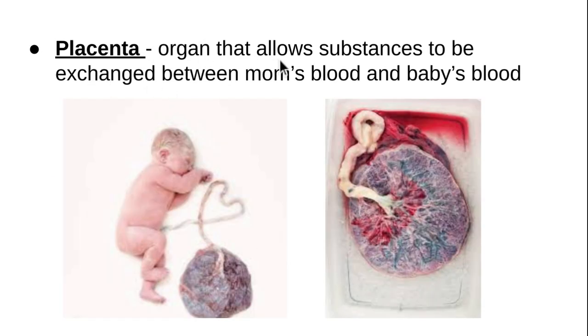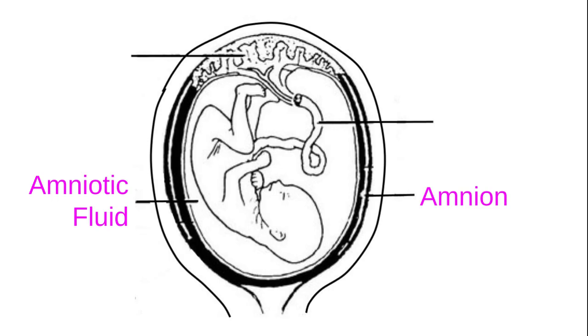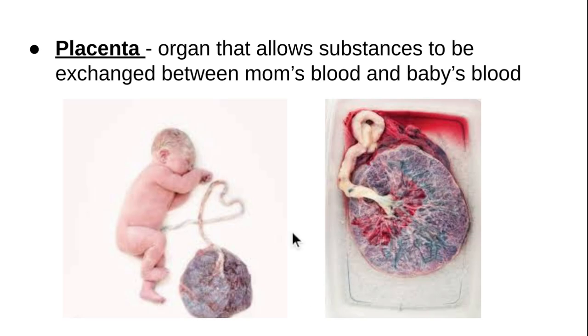The placenta. All right. So inside of this amnion, part of this sac is this placenta, and it attaches to the umbilical cord. So the placenta is literally an organ, and it allows substances to be exchanged between mom's blood and the baby's blood.